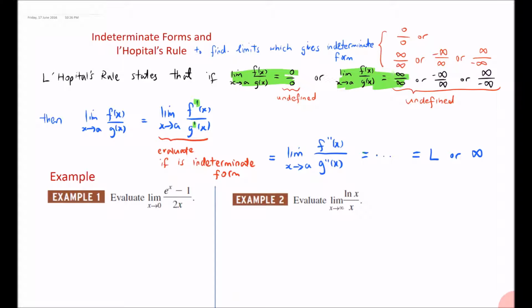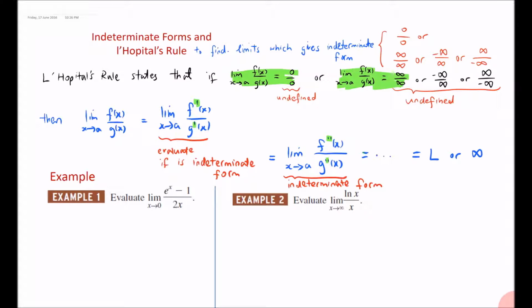If it is still an indeterminate form, then we continue.